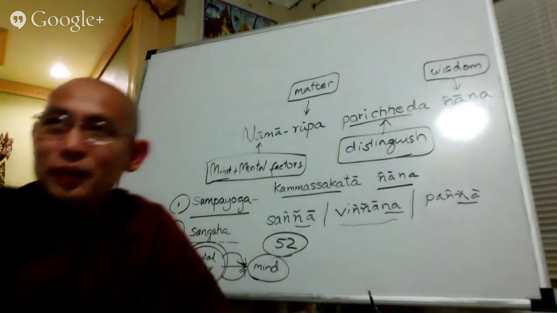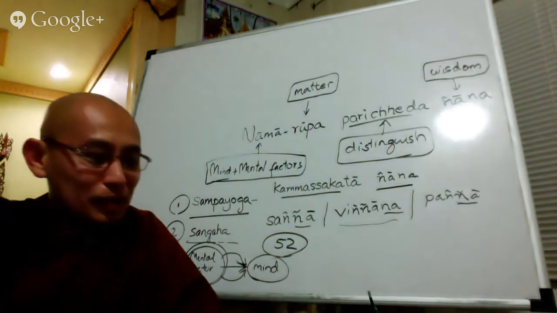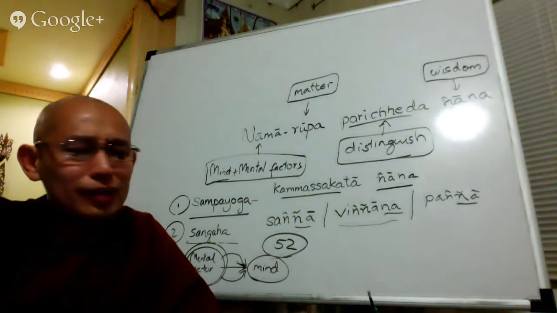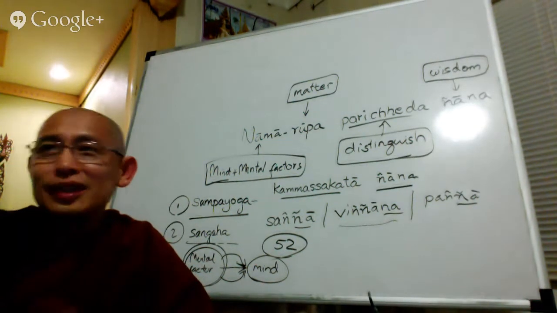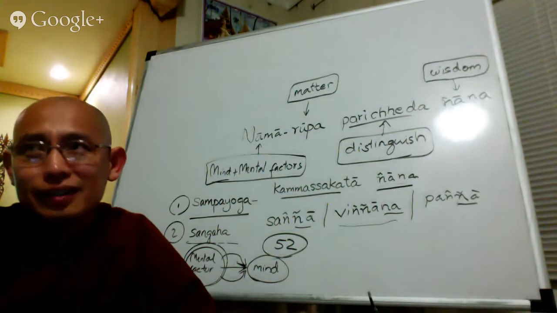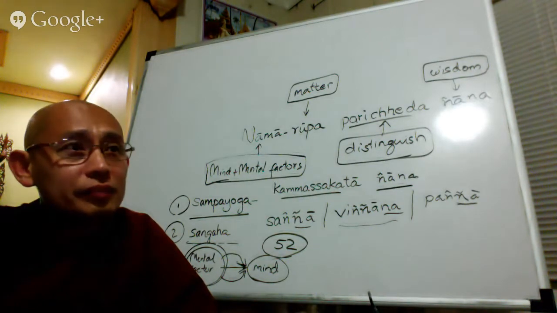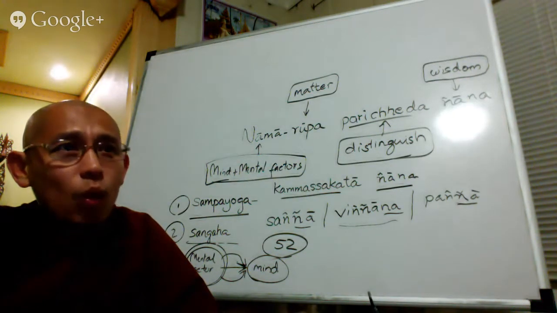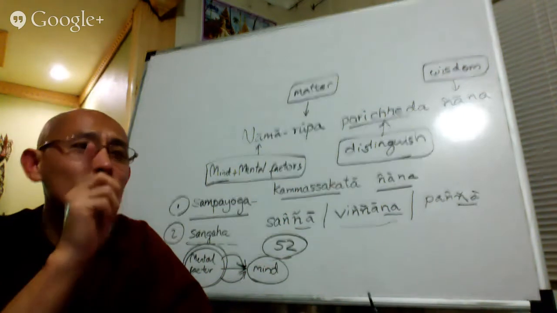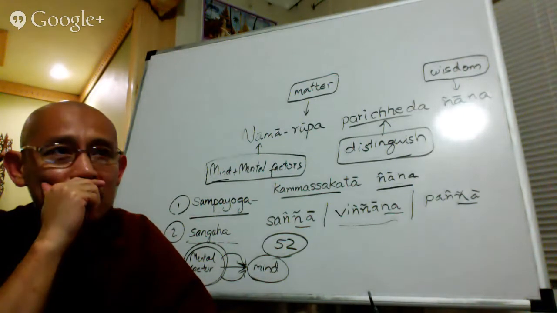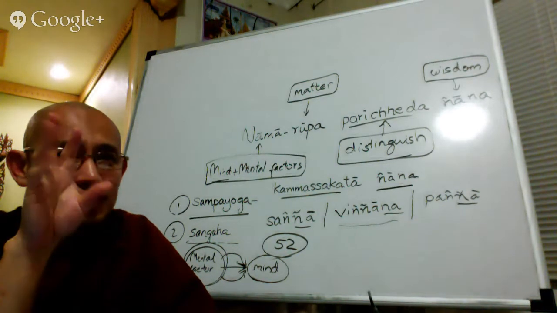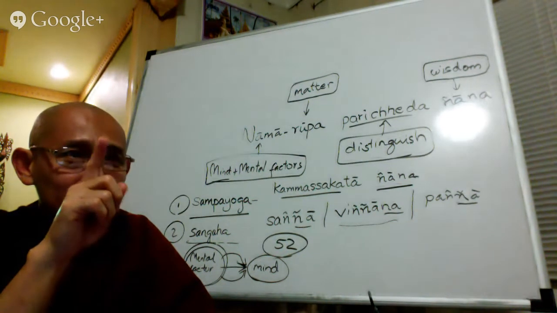Kusala, wholesome: 5 jhana levels, but first jhana level is only 1.